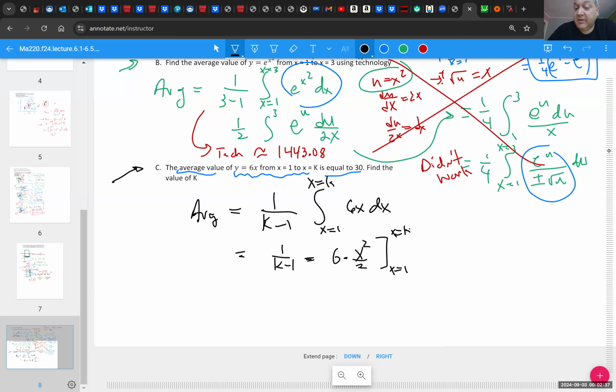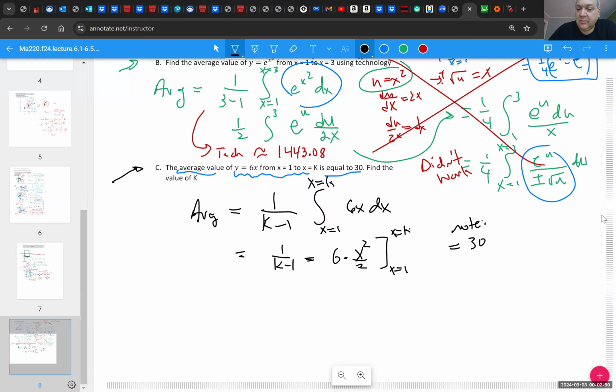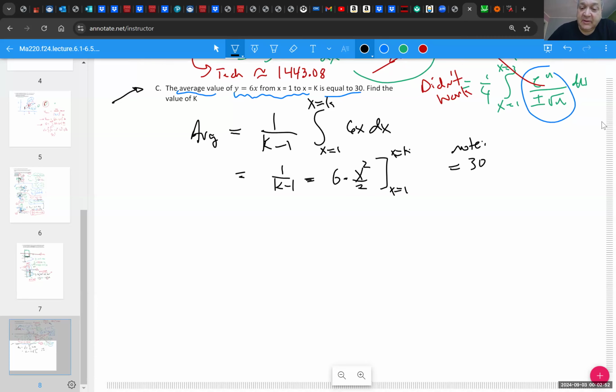And by the way, we know the answer is 30, right? We know at some point this is equal to 30, because we were told the answer was 30. Okay, so let's do some algebra. Well, what do we do? We've got to plug stuff in because we know we're going from x equals 1 to x equals k. It's 1 over k minus 1 times the integral of that thing.